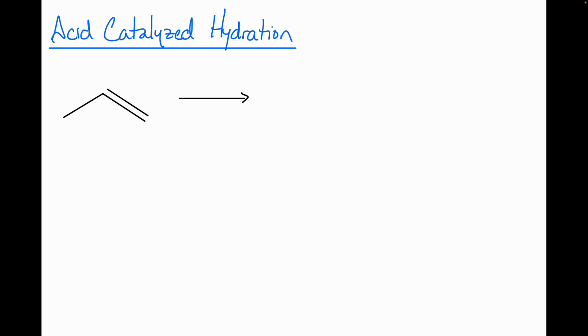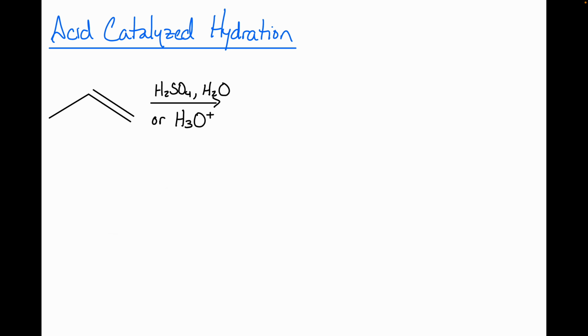All right, so remember, we would either see one of two things in our list of reagents, either dilute sulfuric acid in water, or hydronium. Either one of these we need to know are doing the same thing. All right, and as we said, we're going to get an alcohol, and that alcohol is going to form on that more substituted carbon.